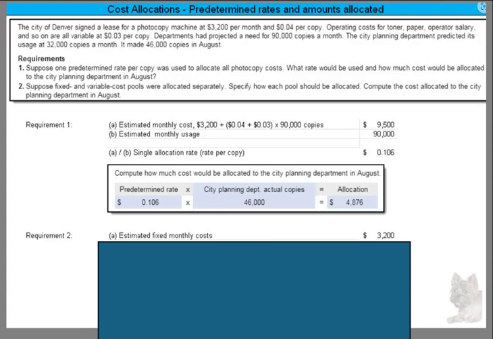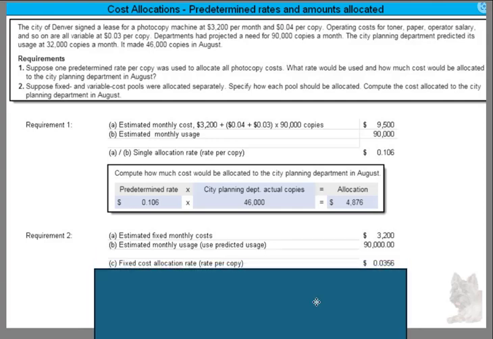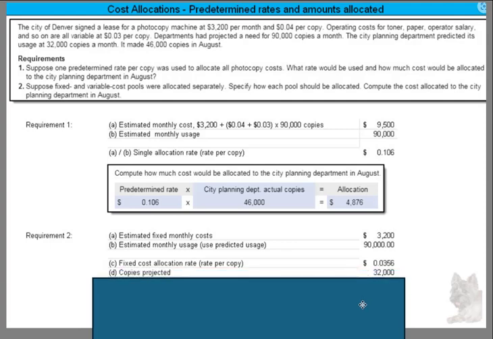All right, so the estimated fixed cost was $3,200 and the estimated monthly usage was 90,000. So the fixed cost allocation rate would be the 3,200 divided by 90,000, or 3.56 cents per copy. The copies projected was 32,000.